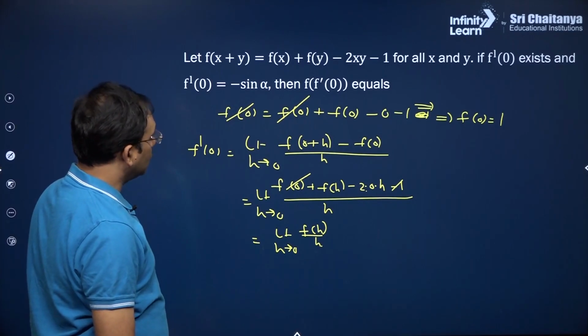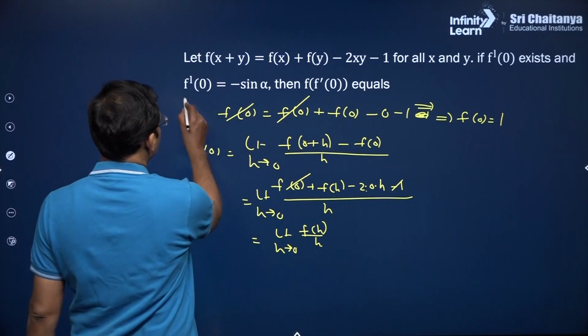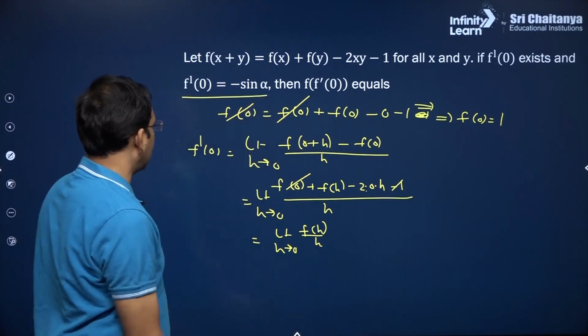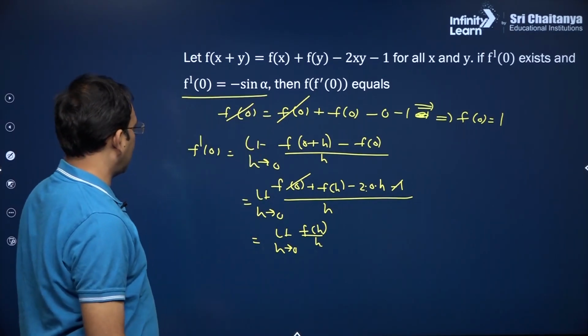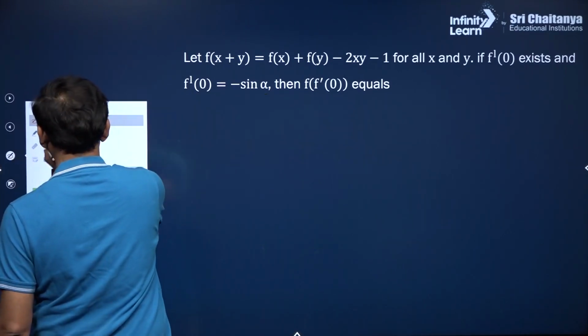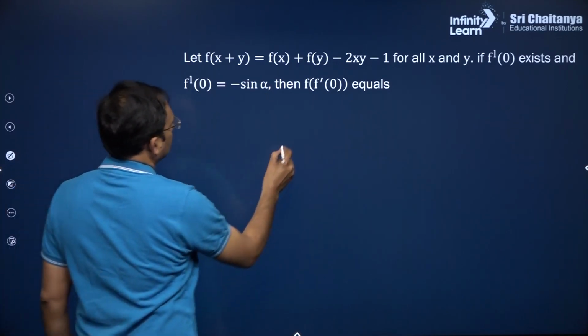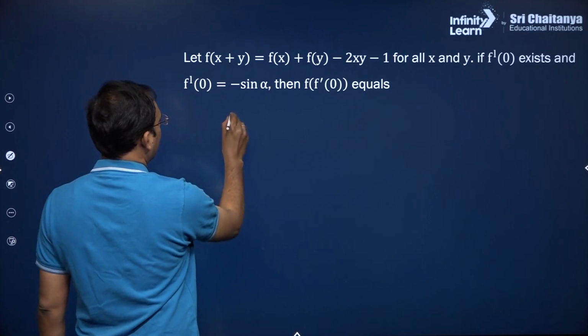So f of 0 by h kind of it is. Now f dash of 0 is given as minus sin alpha. So why don't you take like, you see, rather here, my dear friends, yeah, so f dash of x you try to take.